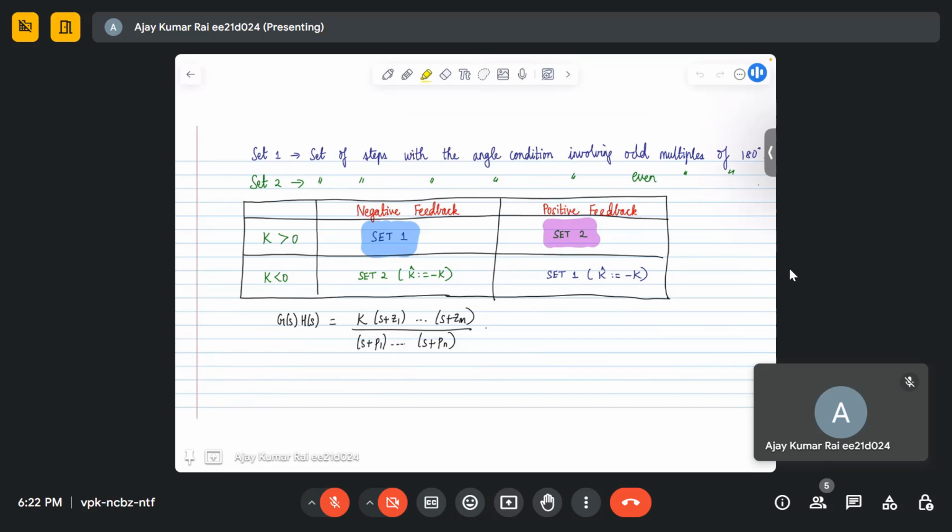Sorry, negative feedback and k is less than 0. So it is set 2. This is the condition we are talking about in the question: negative feedback and k is less than 0, and set 2 is an even multiple of 180.